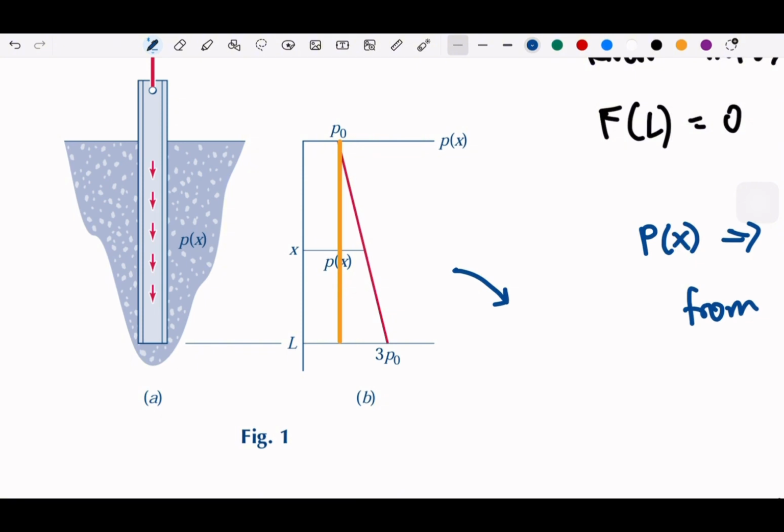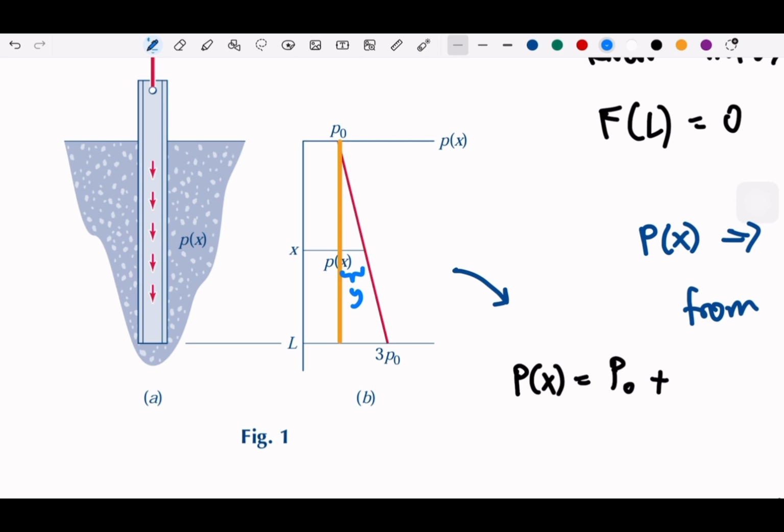Sometimes some geometrical understanding will make your analysis easier. So if we take this, then we need to write that p(x) is actually p0 plus this part here, right?